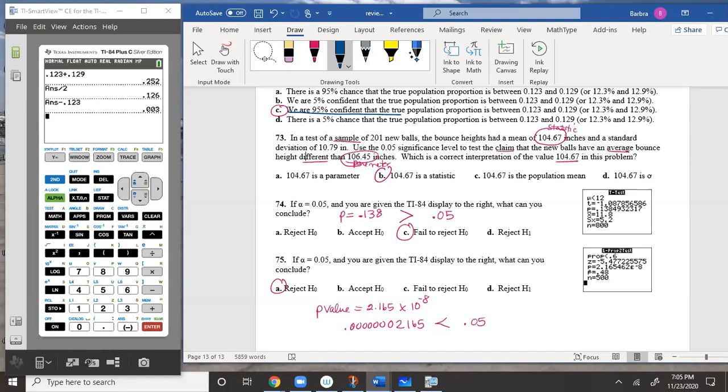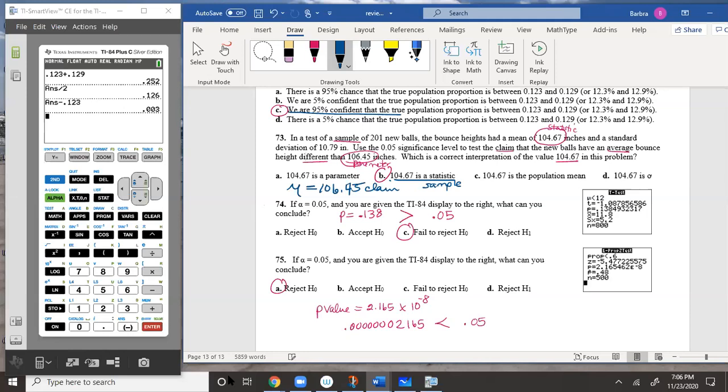We're talking about average. So mu is equal to 106.45, okay? That is my claim. So the statistic here is the sample which has 201 new balls. Then this sample mean is 104.67. So that number is indeed a statistic because we're talking about the sample. Okay.